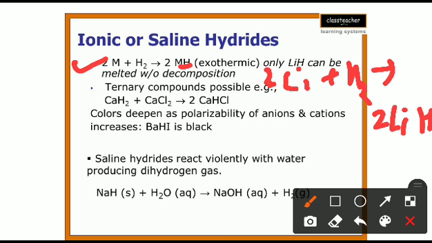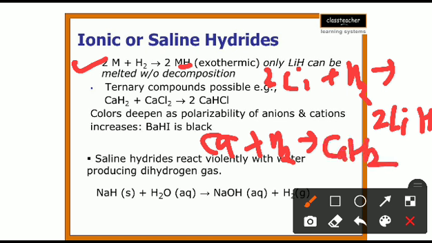Also, calcium treated with hydrogen forms calcium hydride. Calcium reacted with hydrogen forms CaH2, calcium hydride. These are some examples of preparation methods of the hydrides.